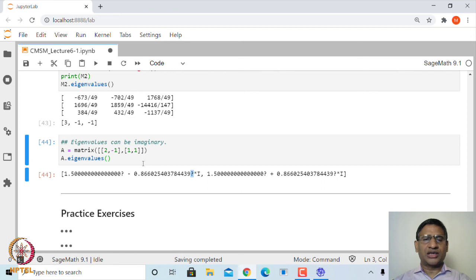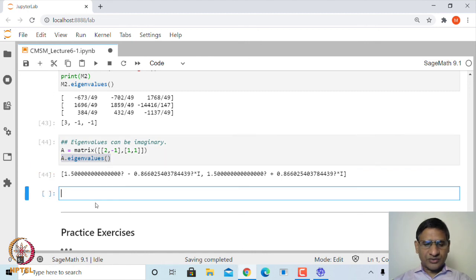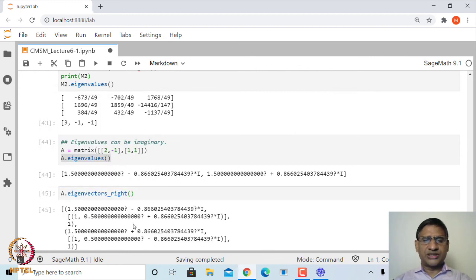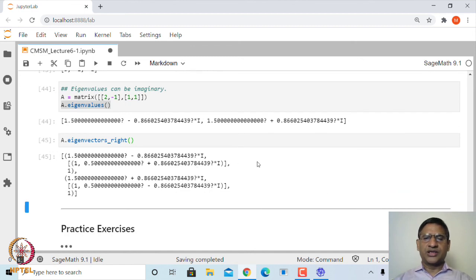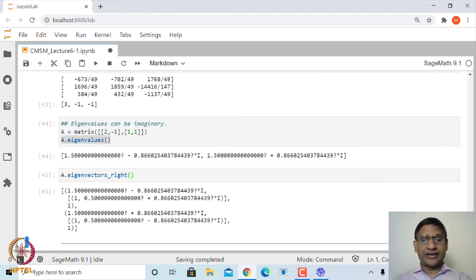If you try to find the eigenvectors of A, you will get those too, and again you will see this gives you imaginary eigenvectors.